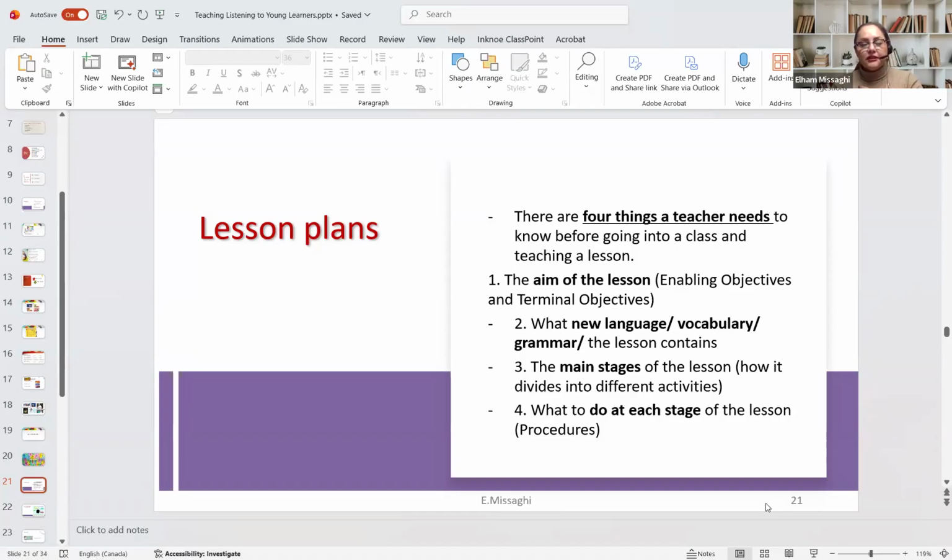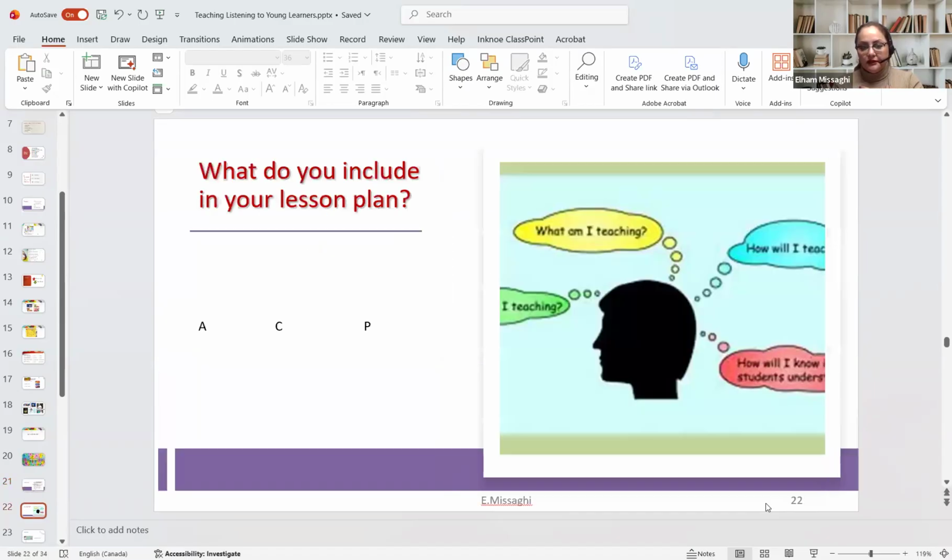These are the things you need to think about before you start writing. So you think about the aim, you think about the concept and process, how we start. The stages, how we start the class or how I start this part. How do they practice and how do I get the feedback?